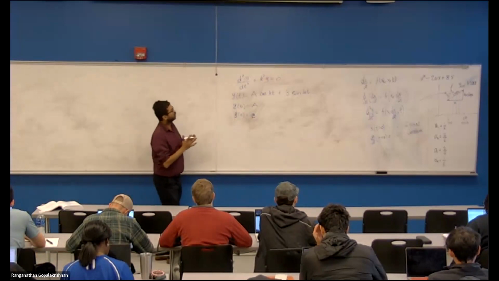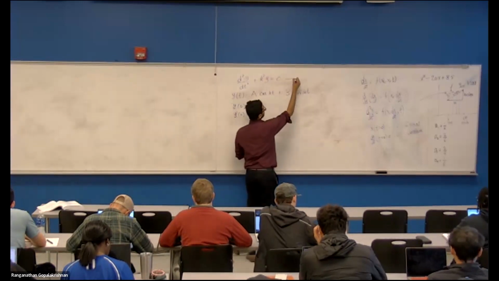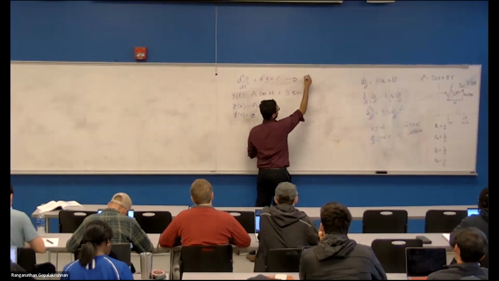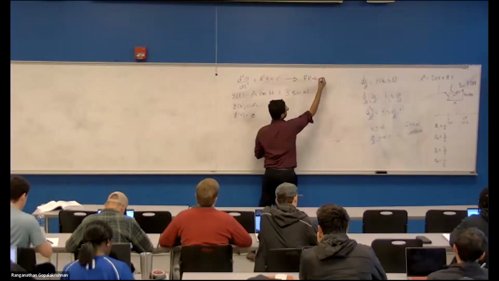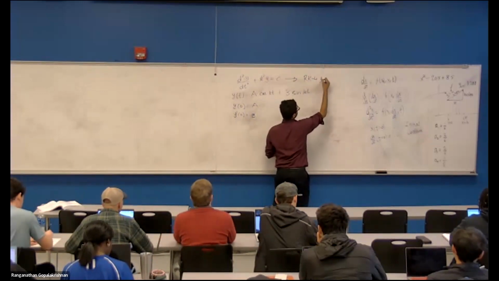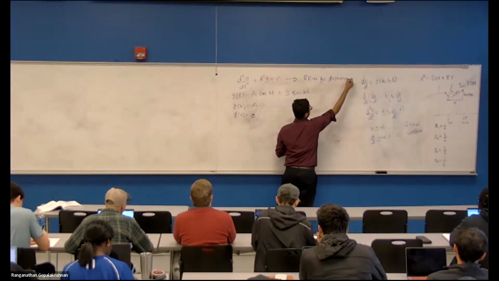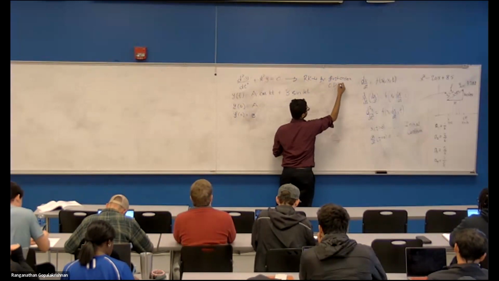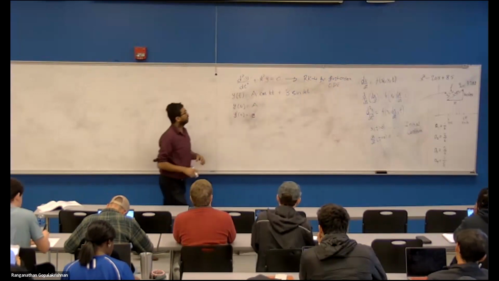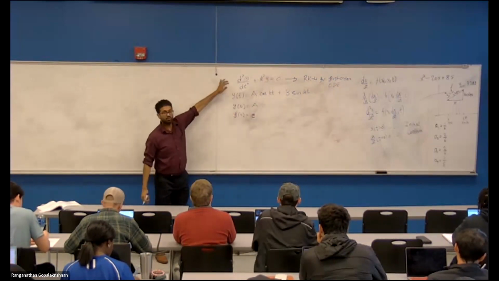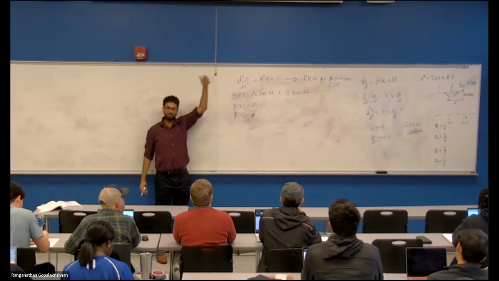How do you reduce this problem to a problem that you can actually handle using what you learned so far? What you have learned so far is how to use the RK4 method for a first order differential equation. How do you reduce this problem to what you know so that you can actually use it?